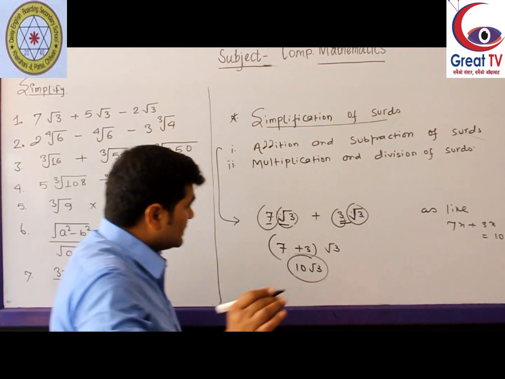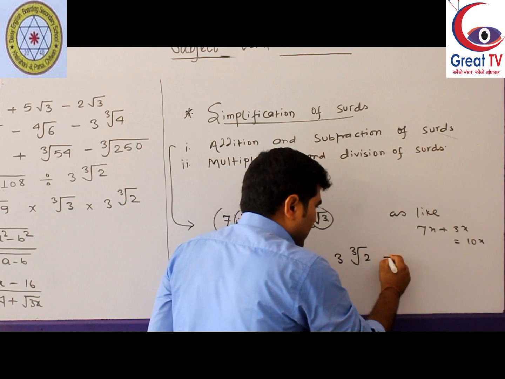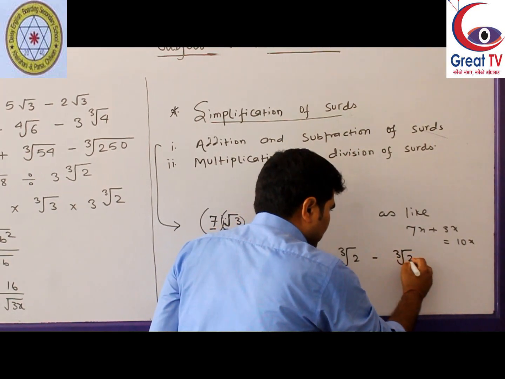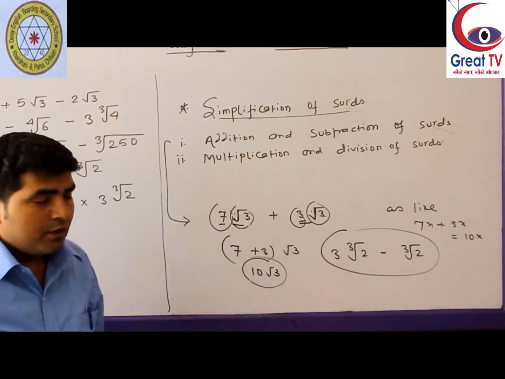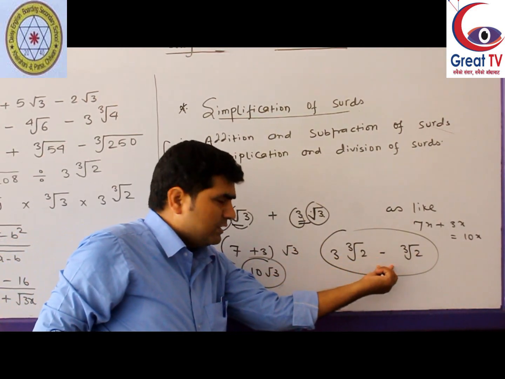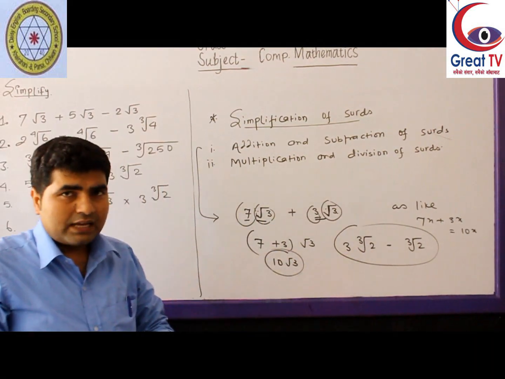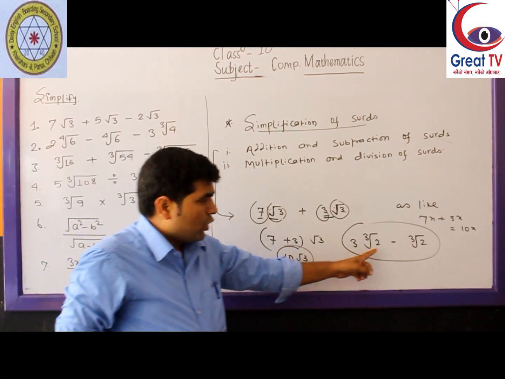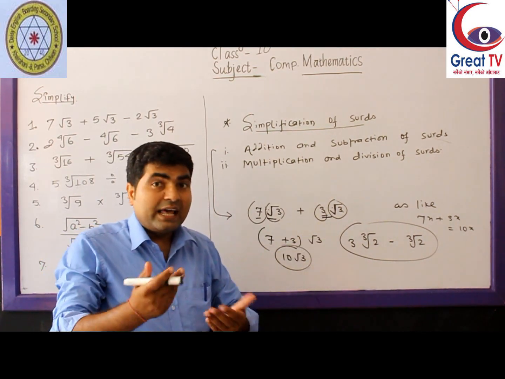Similarly, 3 cube root under 2 minus cube root under 2. Can we subtract these two or not? Yes, students. Before simplifying these questions, remember the order and radicand of the two. That means what types of Surds are these two? Pure, like or unlike Surds.